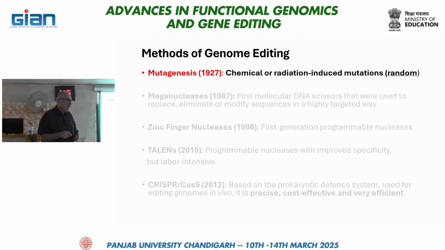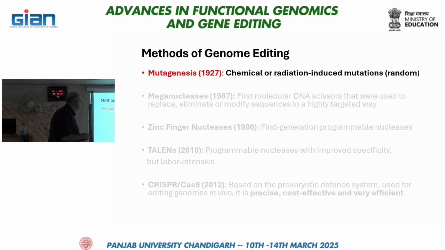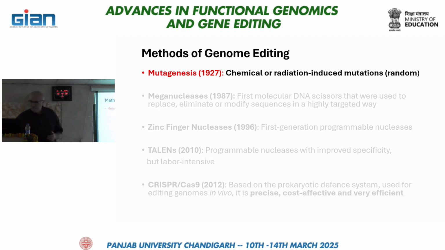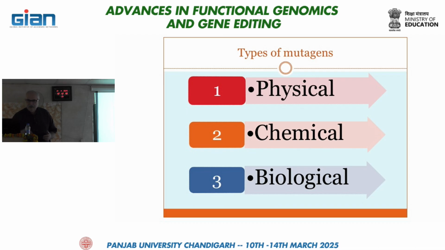So first, let's concentrate on mutagenesis. As I said, this is chemical or radiation-induced mutation. First, the types of mutagens. In mutagenesis, you have to use mutagens, and mutagens are physical, chemical, or biological.